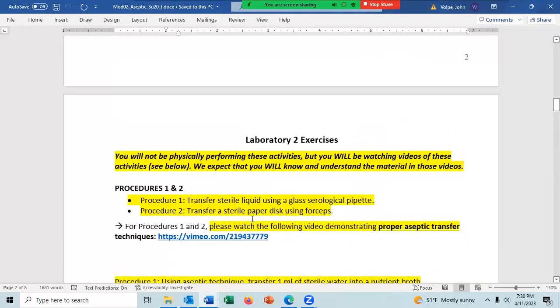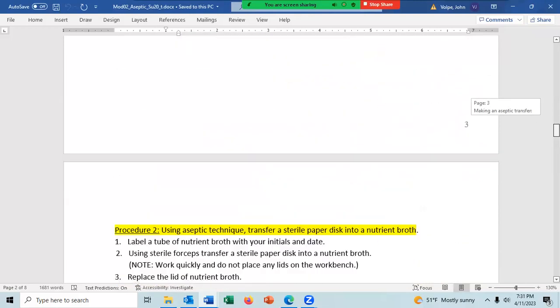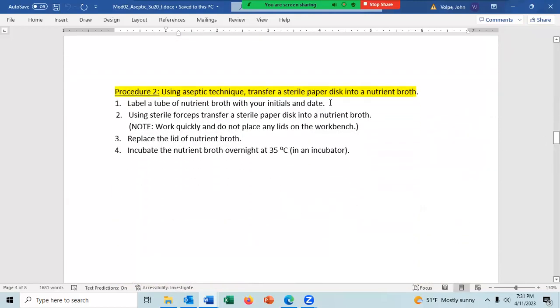Procedure 2, you're transferring a sterile paper disc using sterile forceps, or at least clean forceps, into a tube of media. That doesn't state there, but I know. And this is the procedure you're using in procedure 2.